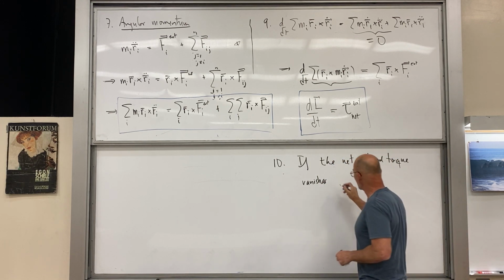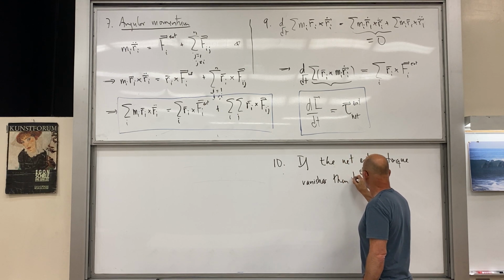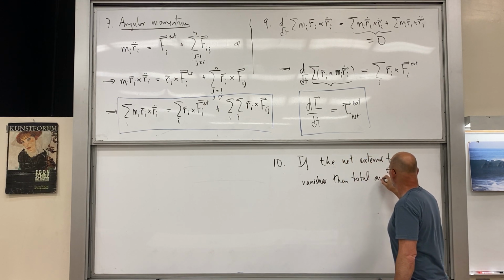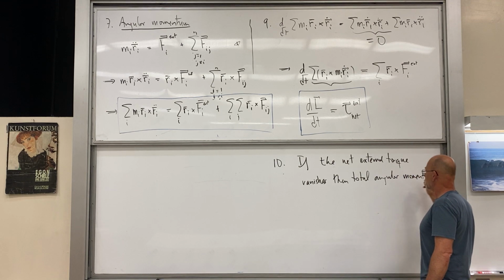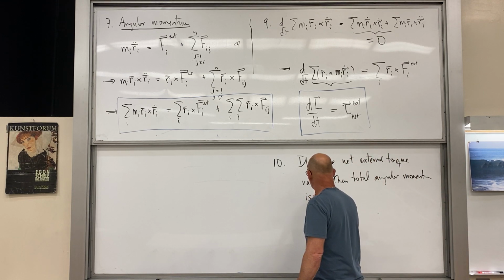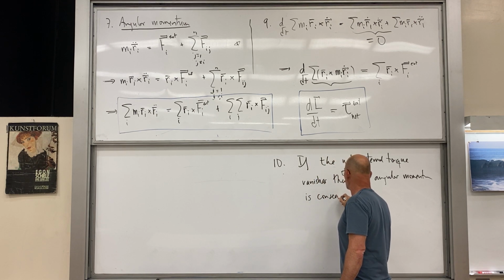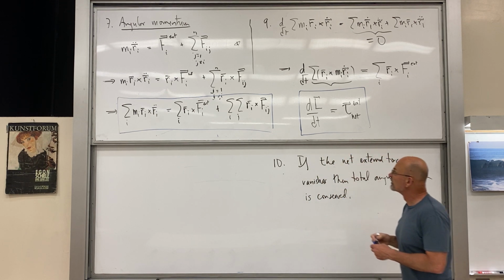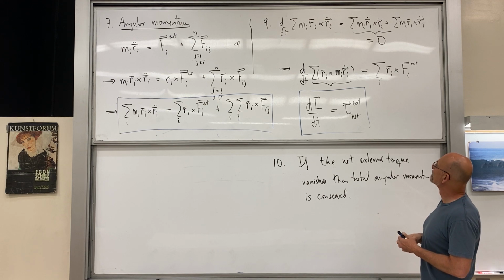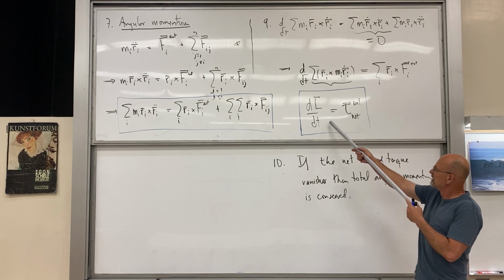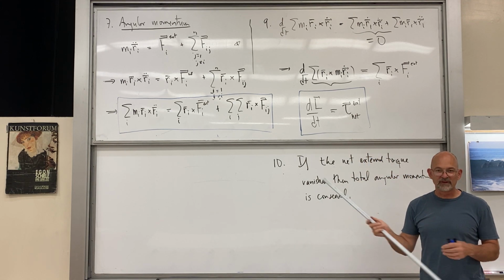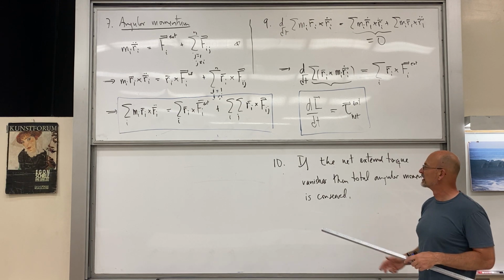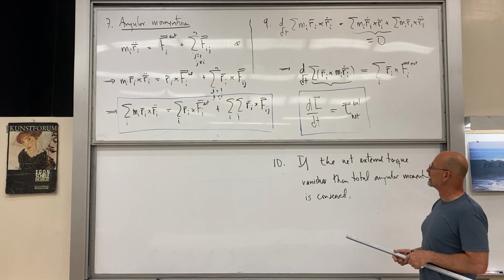Then total angular momentum is conserved. So no net external torque, total angular momentum is conserved. You know, examples of things spinning around about their axis, that type of thing.